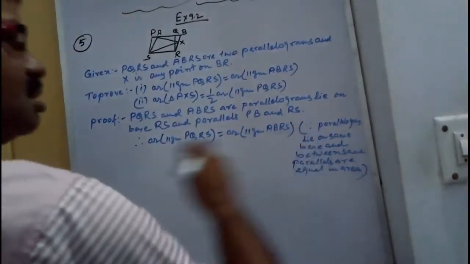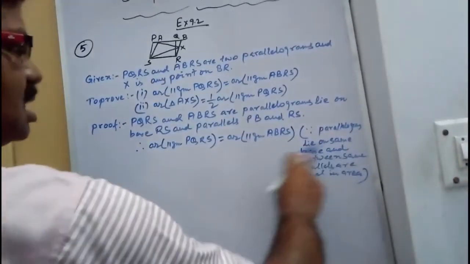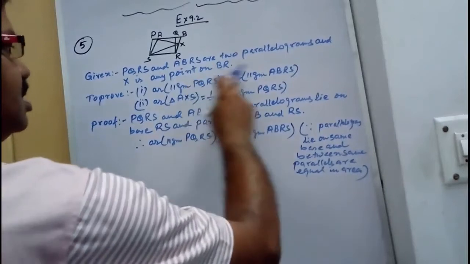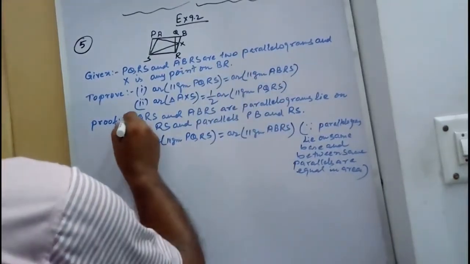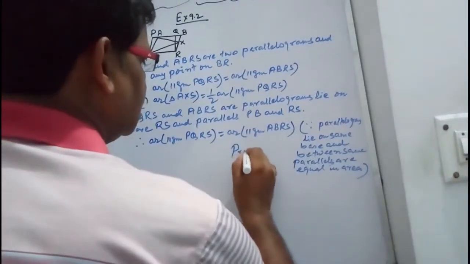When parallelograms lie on same base and between same parallels, then their areas are equal. So you have to prove in one, so right here, put.